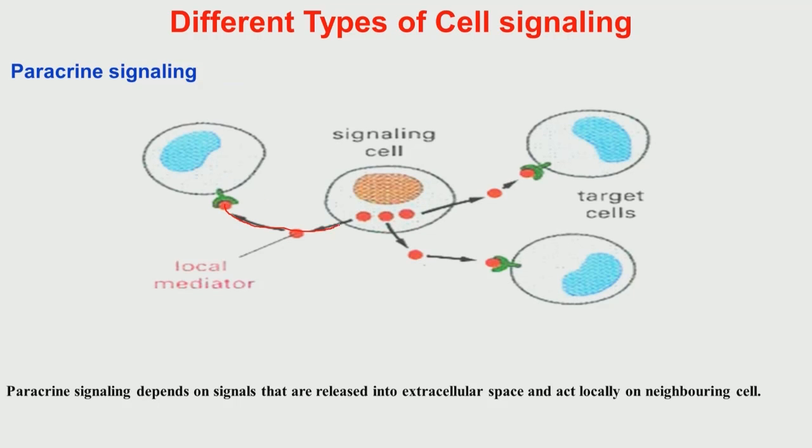Paracrine means it goes by diffusion. This is your source cell or signaling cell, and this is your target cell. There are three target cells here, this is target cell number 2, this is target cell number 3, and from the source cell the small signaling molecules are transported slowly to the target cells.